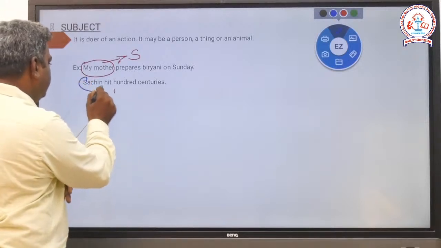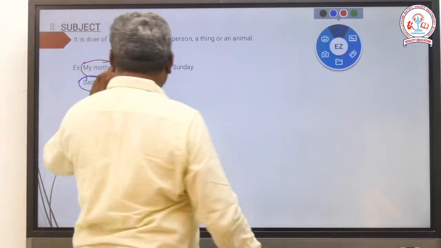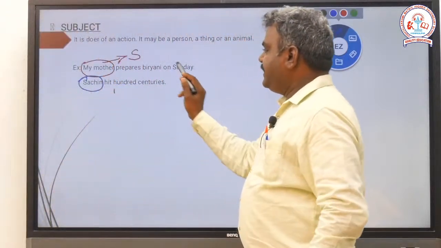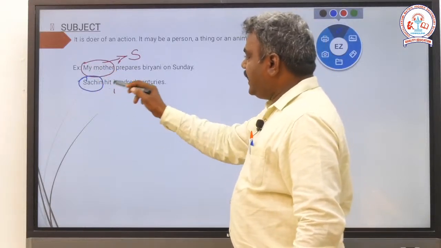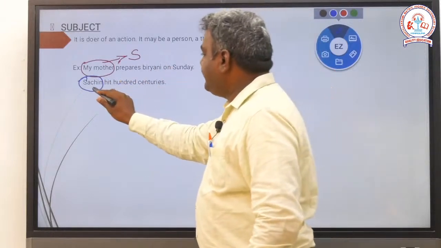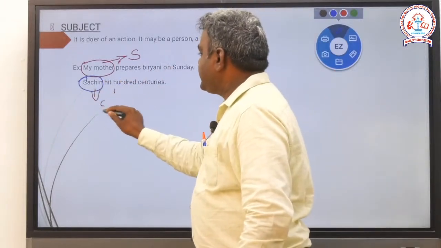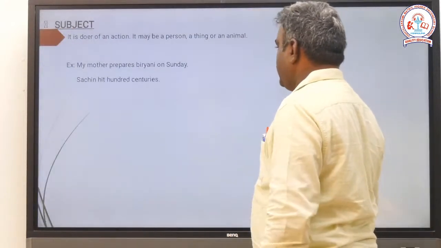So he is the doer. It's very easy. My mother in the first sentence, because she is the doer. In the second sentence, Sachin hit 100 centuries. He was the doer. Very simple. So we can find very easily this is the subject.